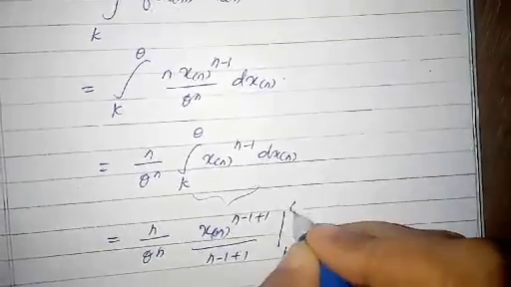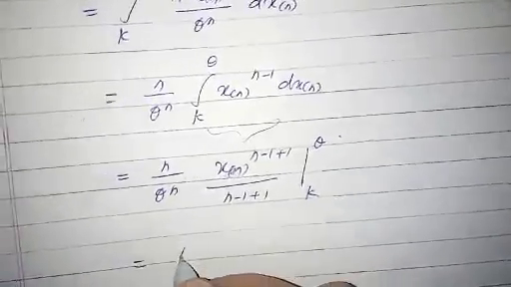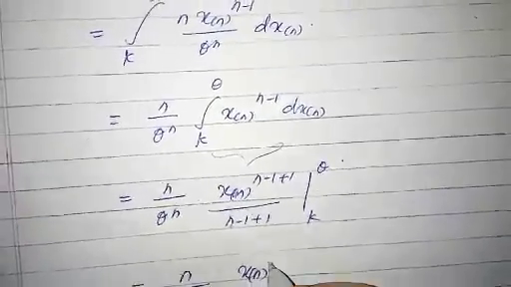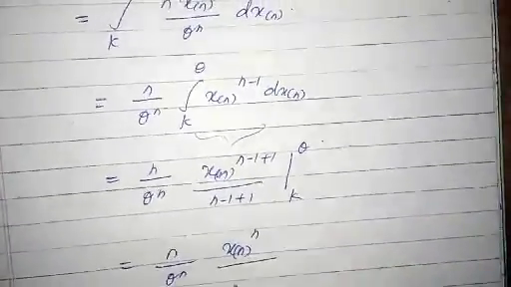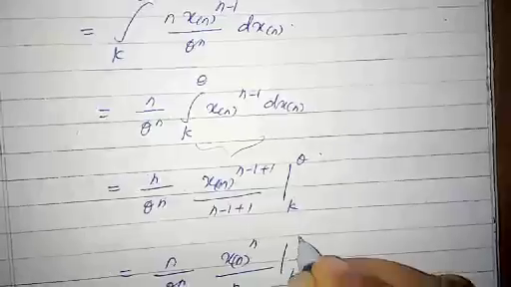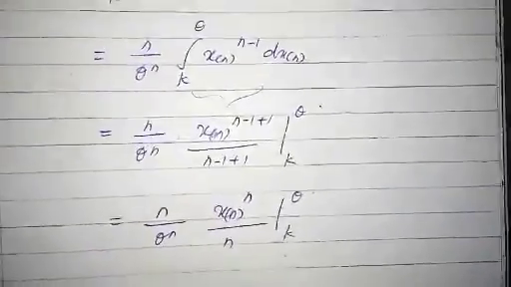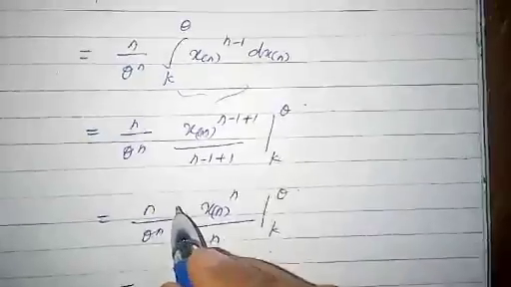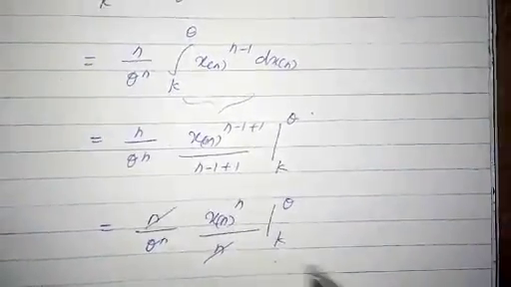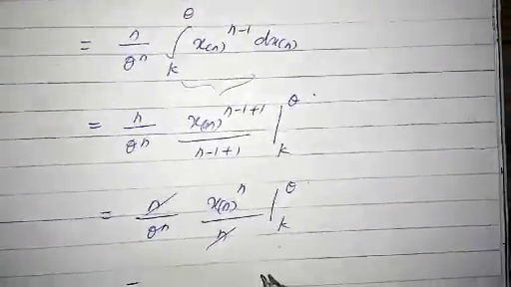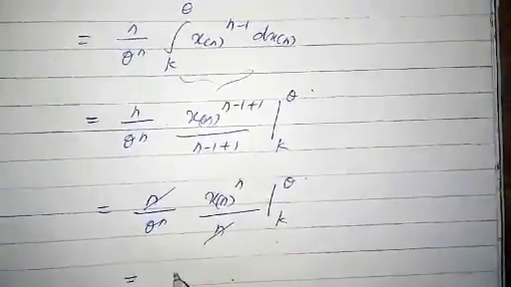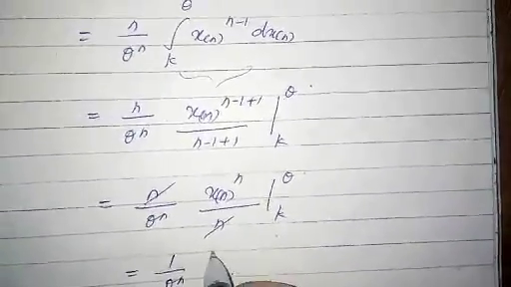Range k to theta, which is equal to n divided by theta power n xn power n divided by n, k to theta, which is equal to, here n got cancelled. Then 1 by theta power n.